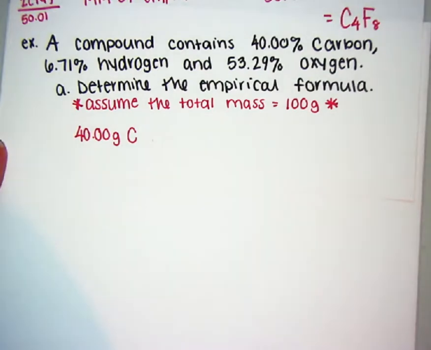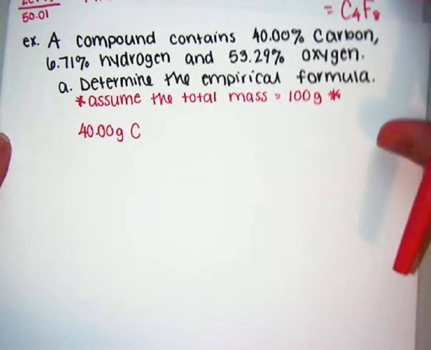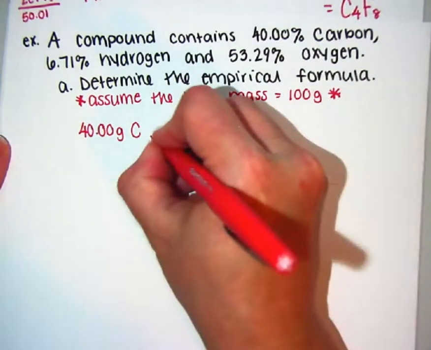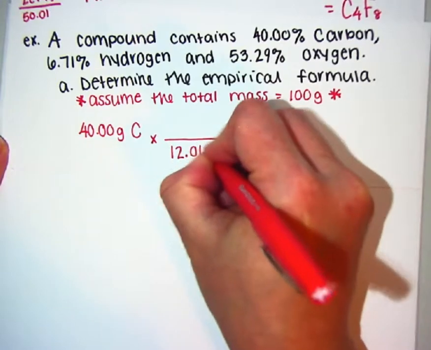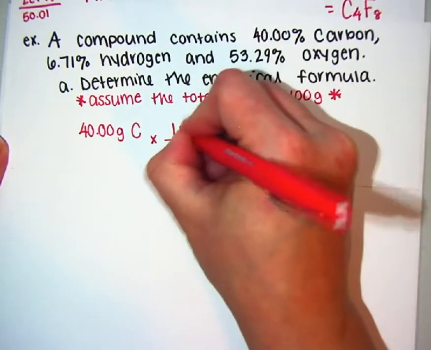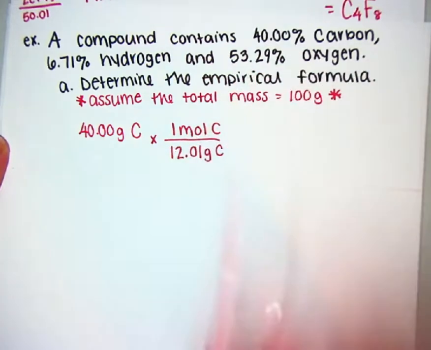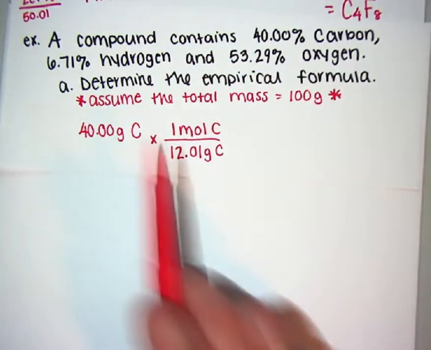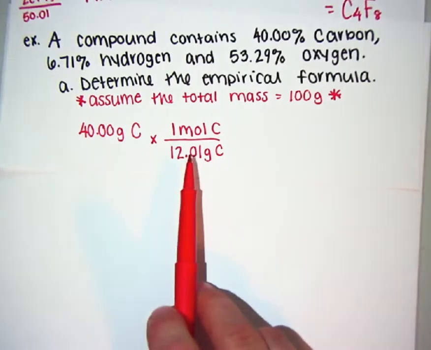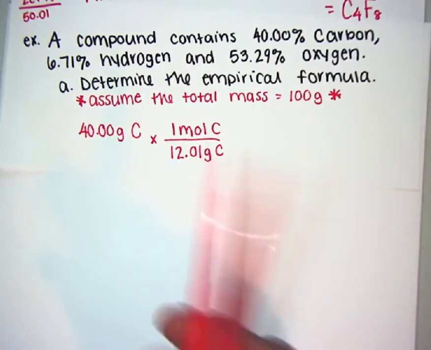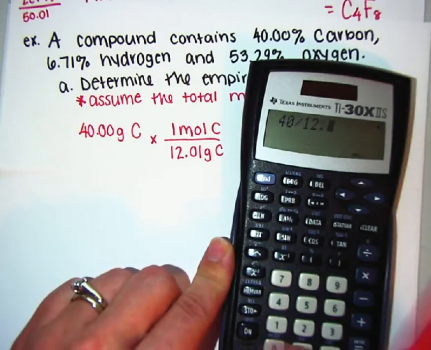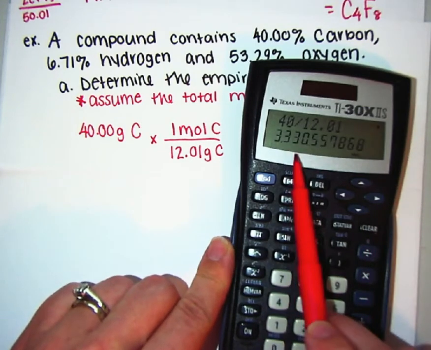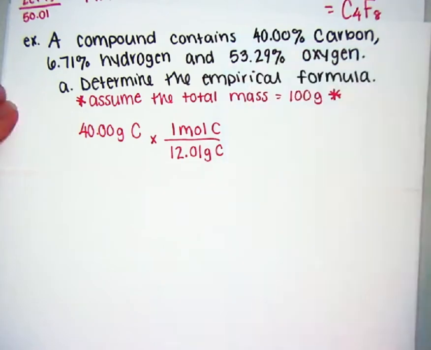And what we're going to do is convert from grams to moles. And the way we're going to do that is a one-step conversion where we divide by the molar mass of carbon. So I can look up carbon on the periodic table. It has a molar mass of 12.01. 40 divided by 12.01 gives me about 3 1/3.